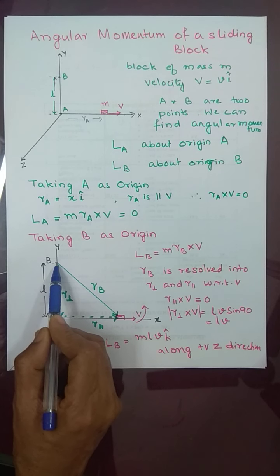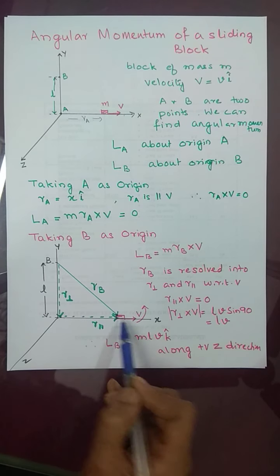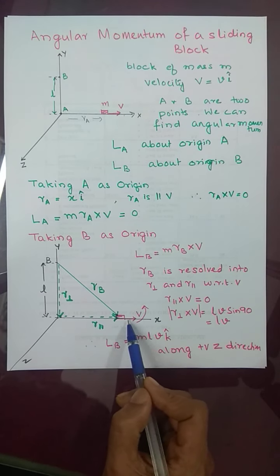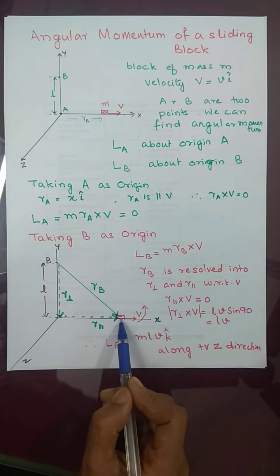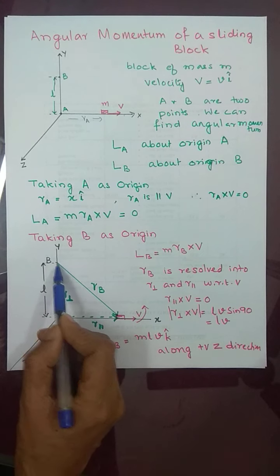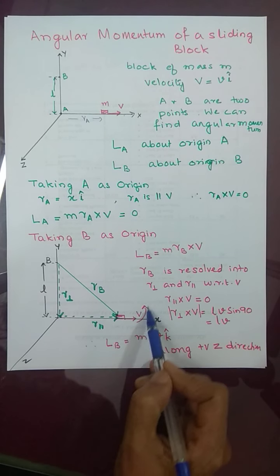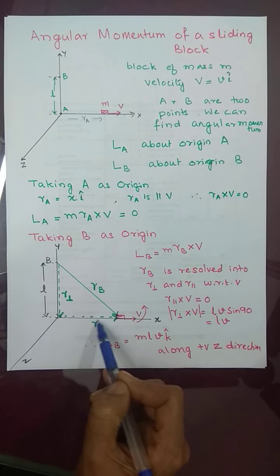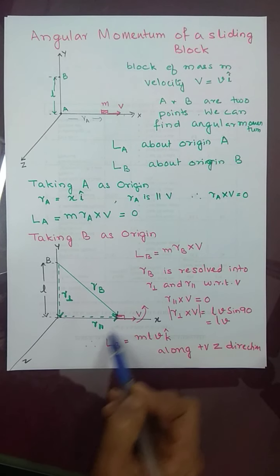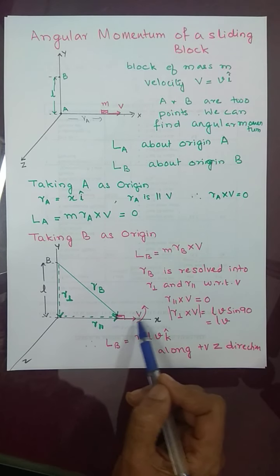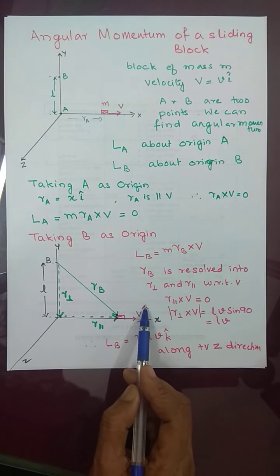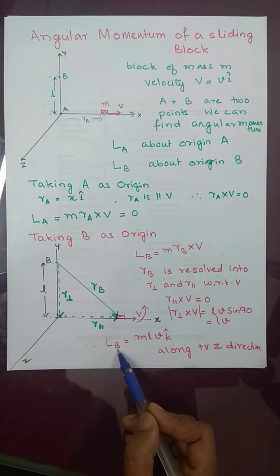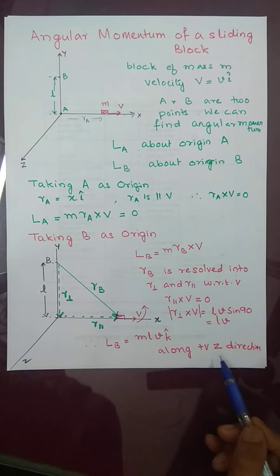With respect to origin B, this is the point where the velocity vector is acting, and it is tending in an anti-clockwise direction. If it were towards this direction, it would be clockwise. It is outward, so this is the anti-clockwise direction. So angular momentum will be along the positive Z direction.